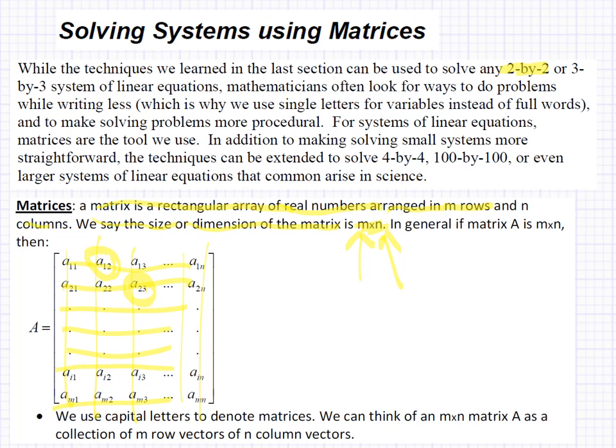So AMN is in row M, column N. We typically will use a capital letter to denote the name of a matrix and lowercase letters to denote the elements of a matrix. And then we put brackets around those elements in their rows and column form to say that this here is our matrix.